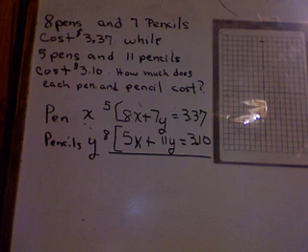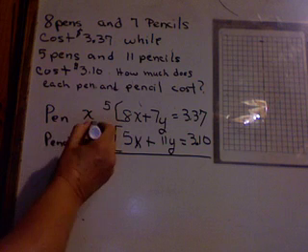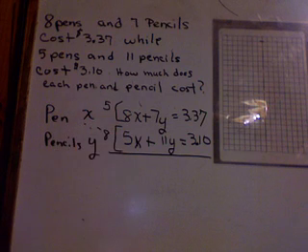I think I'll multiply the bottom by minus 8. And this way, I will be able to get the x variables to disappear and solve the system for x. And then I can plug that in and solve for y. All right, let's get started.